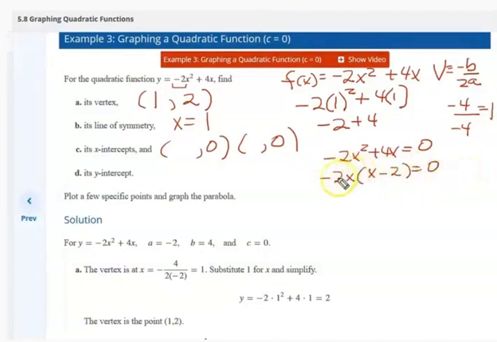And we can distribute to see that we've got it right. Okay, so now we're going to equate each of these factors to 0. So this one is 0, and this one is 2. So our x values, solving this using factoring, are going to be a 0 and a 2.